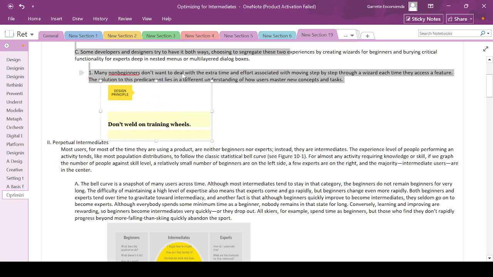Many beginners don't want to deal with the extra time and effort associated with moving step by step through a wizard each time they access a feature.